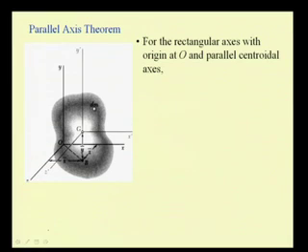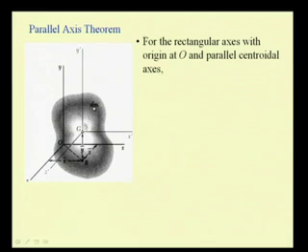Here in this picture you see a rigid body for which, let us say, we have determined by integration the second moment with respect to the axis system O x, O y, O z. Now, let us say we are interested in finding the second moment with respect to an axis system parallel to our original one.